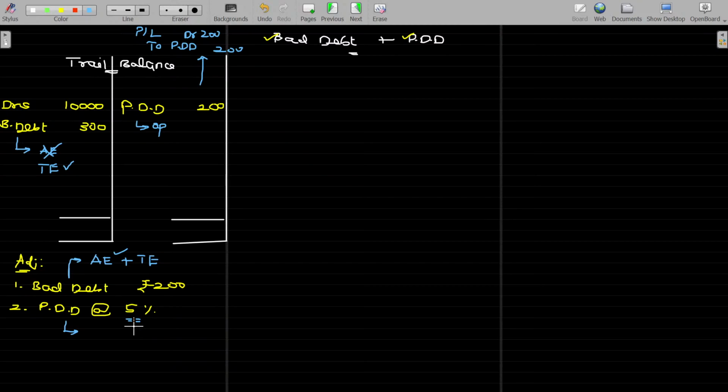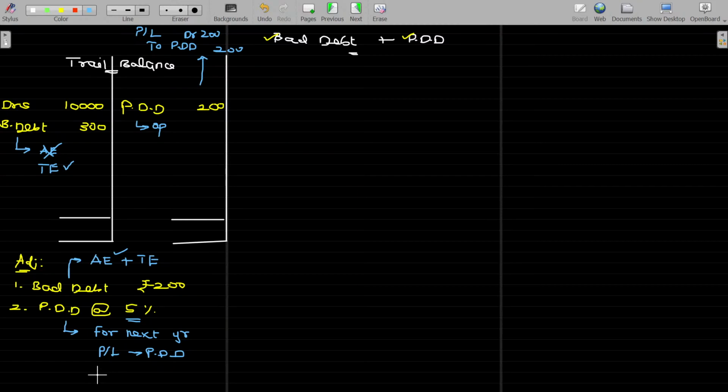Here also, 5% is meant for the PDD. This is the provision required to meet the bad debt in the next year. For that you have to pass the transfer entry, meaning the amount should be created by transferring from the P&L account debit to PDD. This entry you have to pass. Clear?